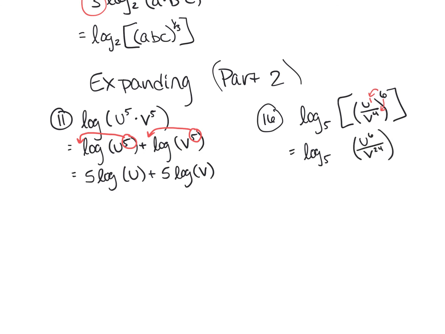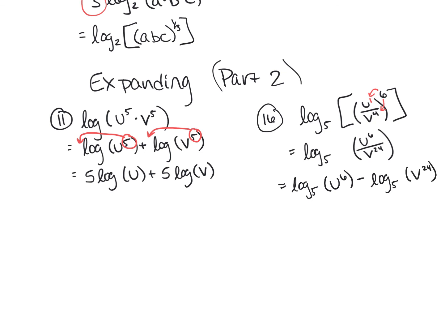And this will become log base 5 of u to the power of 6 divided by v to the power of 24. So in order to separate these 2 variables inside of a log being divided by each other, we can give them each their own log and subtract those. So we'll have log base 5 of u to the 6 minus log base 5 of v to the 24.